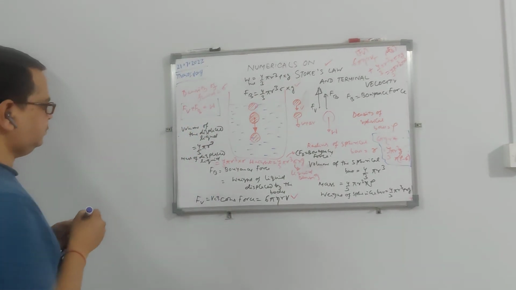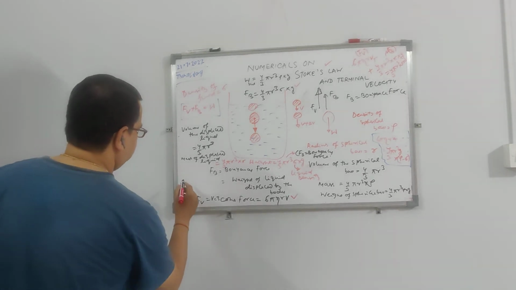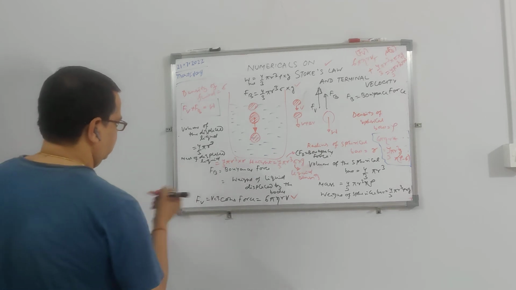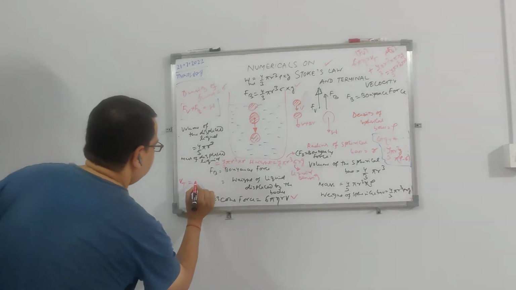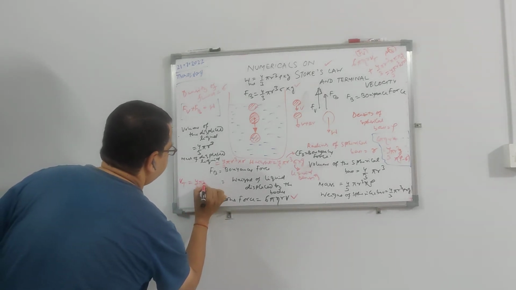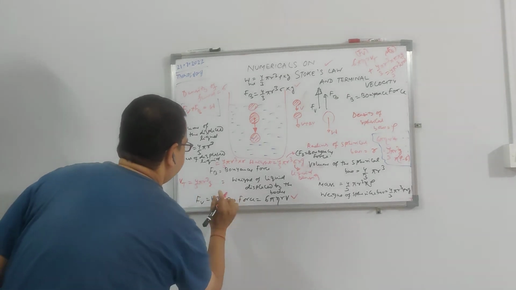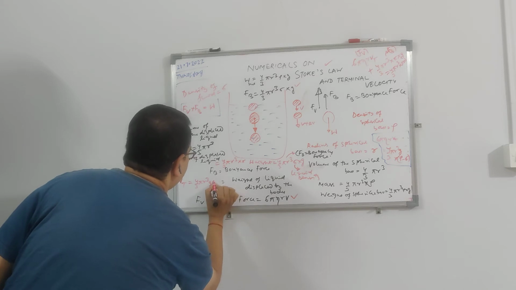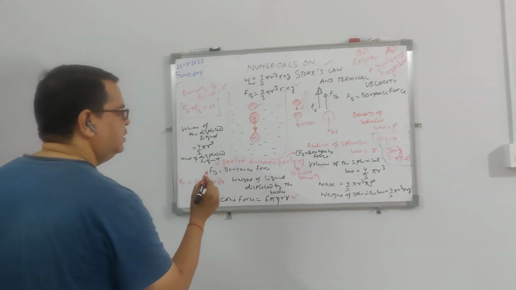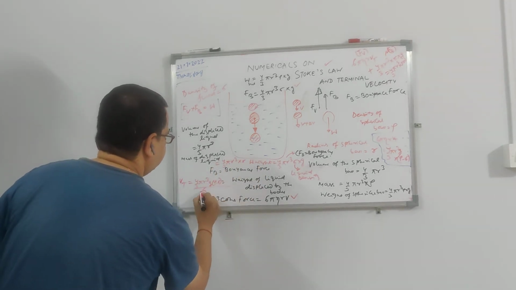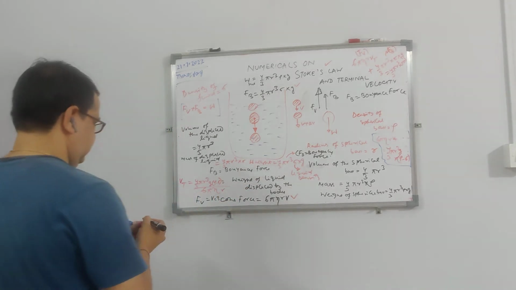So your equation for terminal velocity will be like this: v_t is equal to 4 by 3 pi r cube g into rho minus sigma, divided by 6 pi n r, where r is the radius.